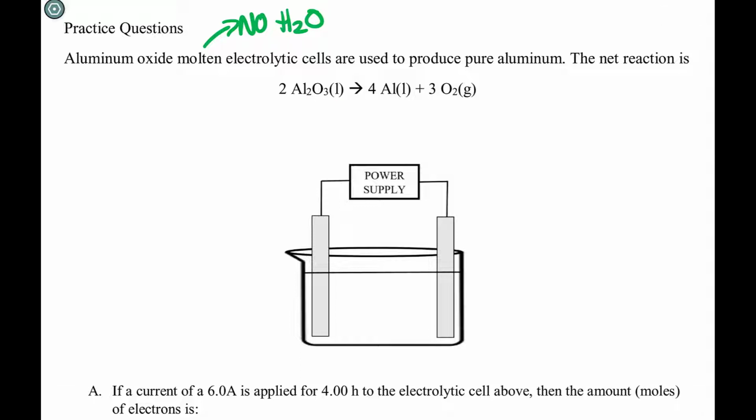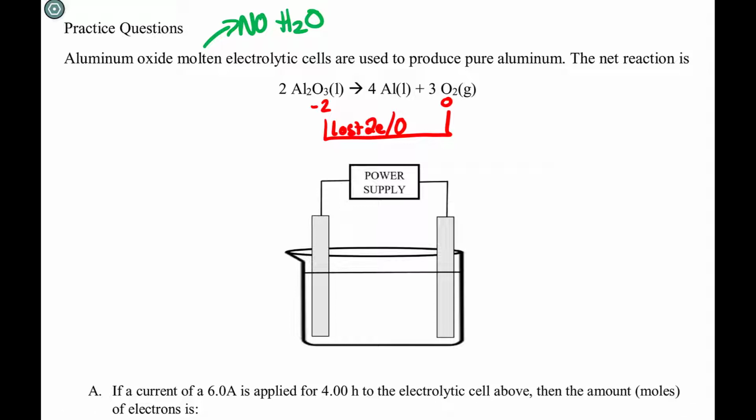And so really quickly what we'll do is identify what happens at the anode and the cathode. Now in aluminum oxide, the oxygen here has a -2 oxidation number and as an element, 0. So I can see that the oxygen here has lost 2 electrons per oxygen. And so it would be 6 electrons total.